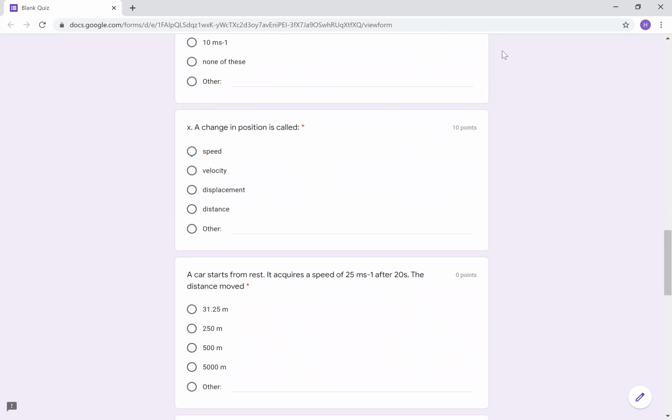Now for the next question: a change in position is called... Let's say this is point A and this is point B, and a body is moving from point A to point B. The shortest distance between these 2 points is known as displacement, and that is also known as a change in position from point A to point B. But it cannot be said to be speed, and it cannot be said to be velocity. There is a confusion between displacement and distance.